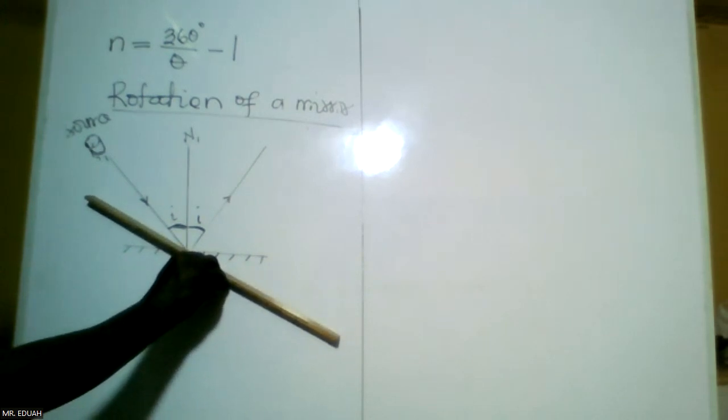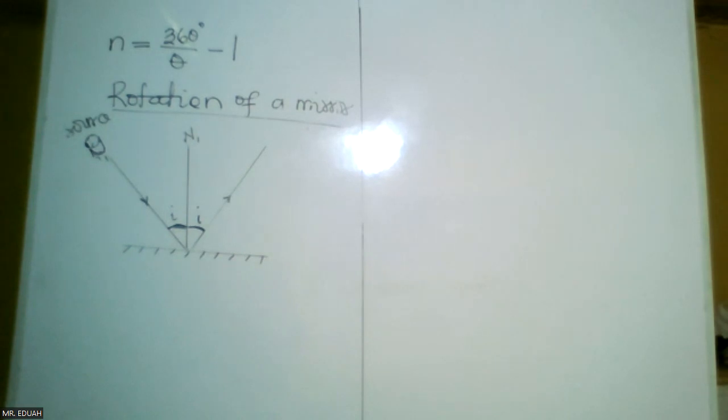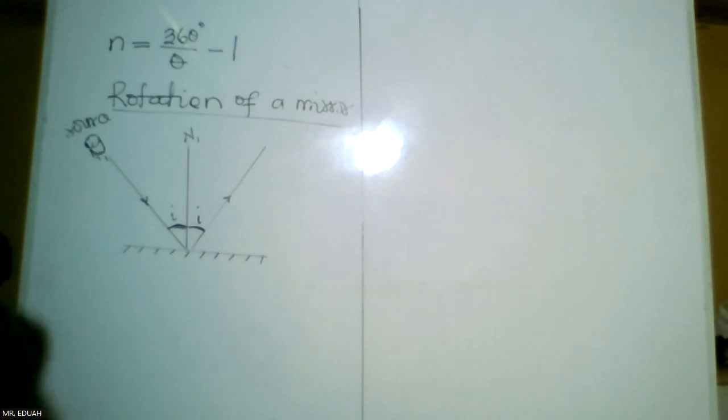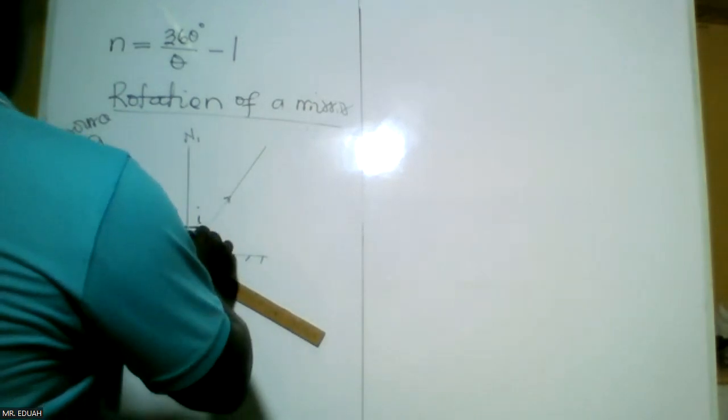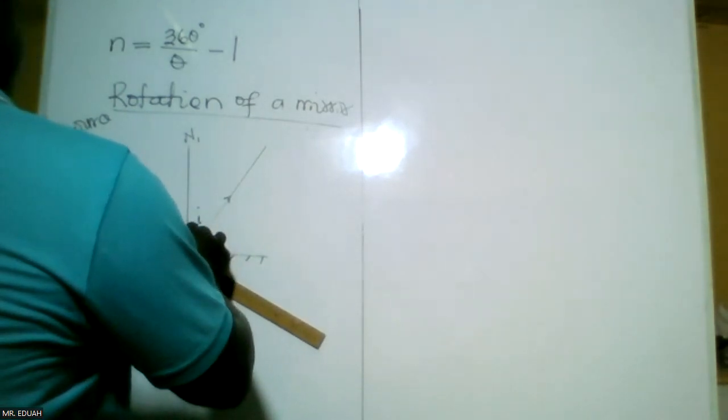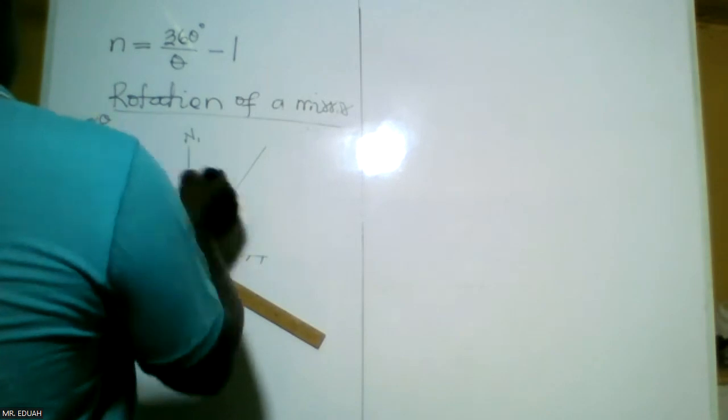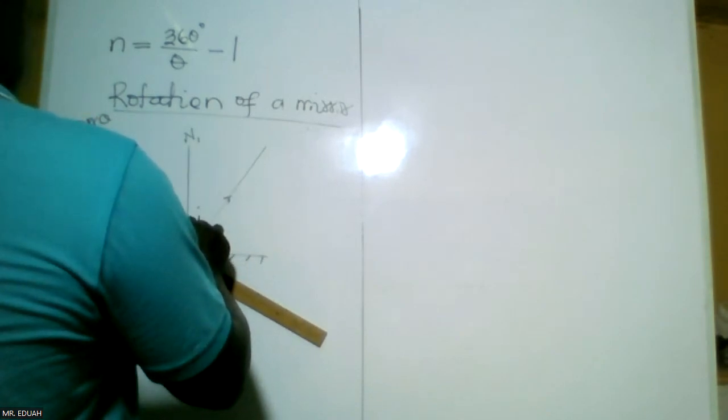What happens? That is what we are going to investigate. So we want to rotate the mirror by an angle theta. It's the same mirror, but this time we are turning it.